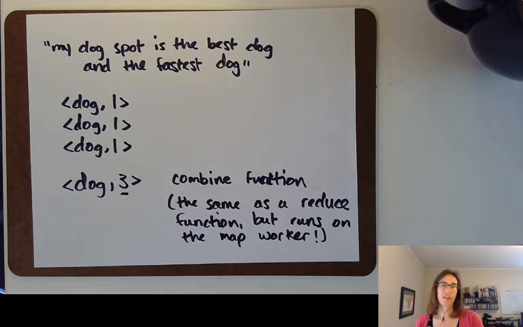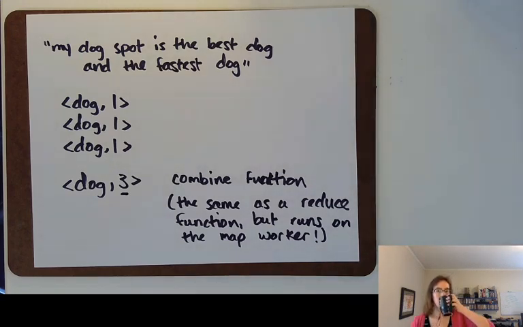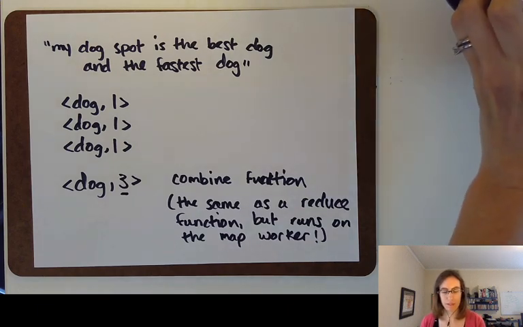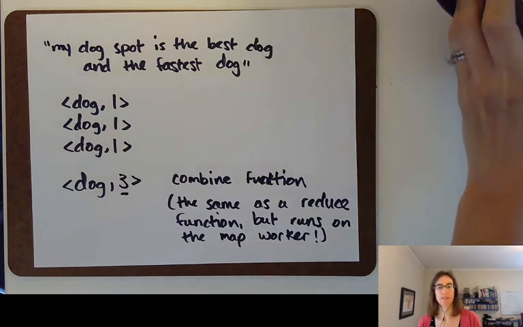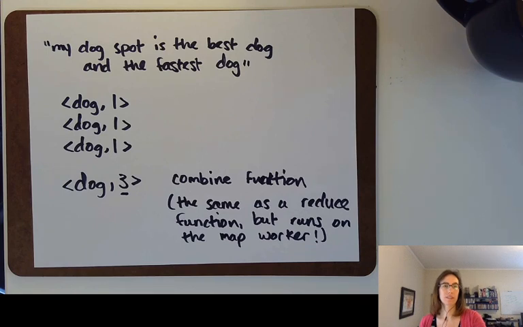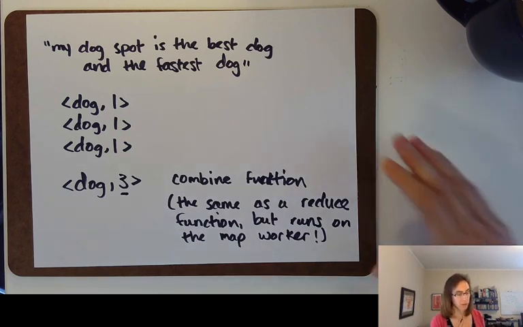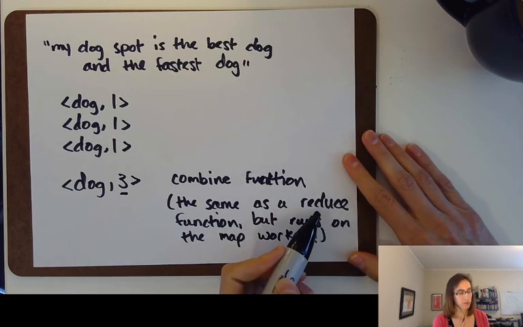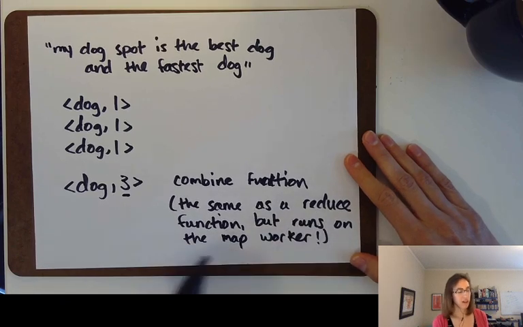So why is this okay to do? Why is it safe for us to take some of the work that the reduce worker normally would have done and do it early on the map worker?